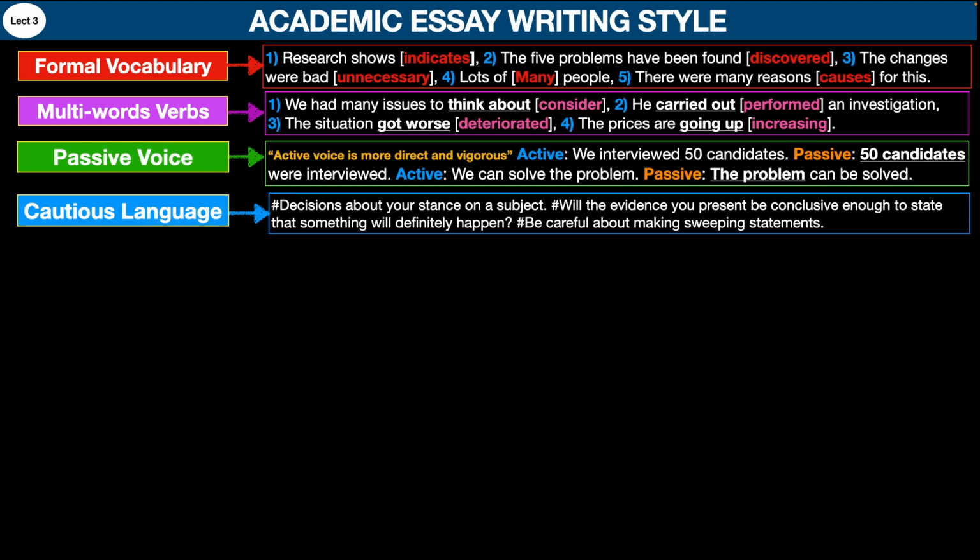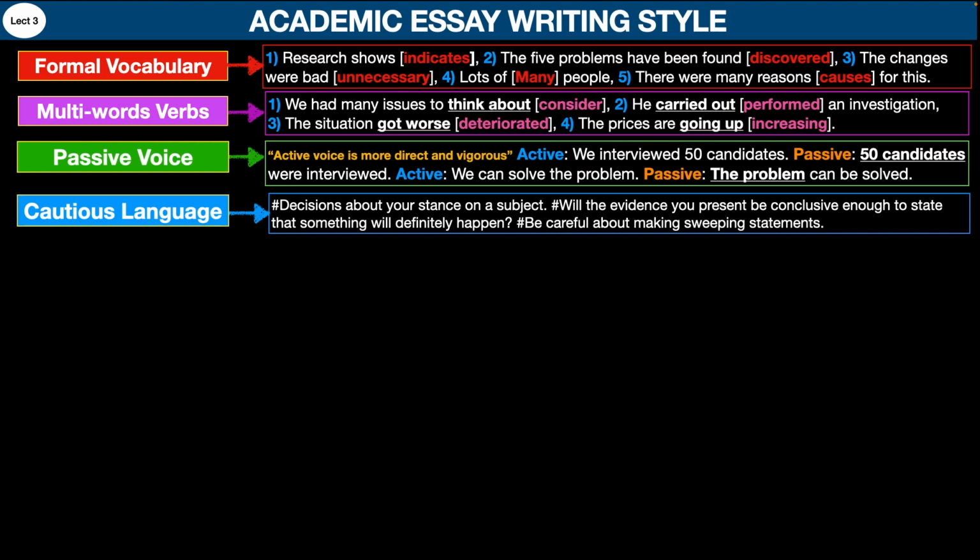But in terms of presenting your writing, there are some cautious languages, because nothing is absolute. You can't say something very strong. For example, the evidence you are presenting should not be conclusive enough to state that something will definitely happen.